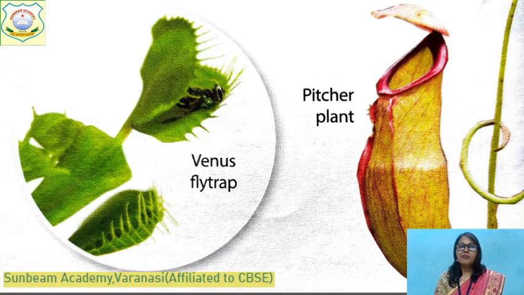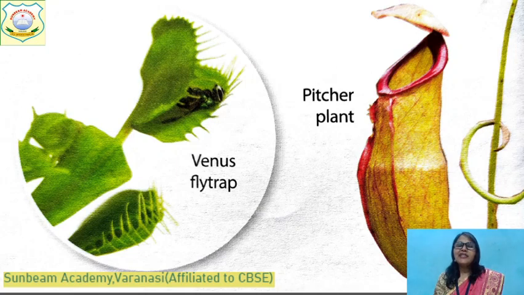Yes, children, some plants have special type. They are carnivores. They eat the insects. They are called insectivorous plants. Here you can see the picture of two insectivorous plants. First is Venus flytrap.